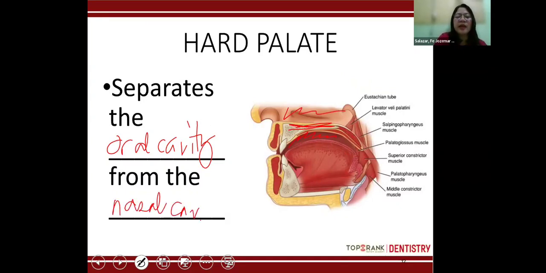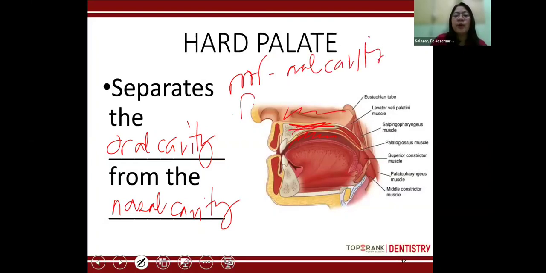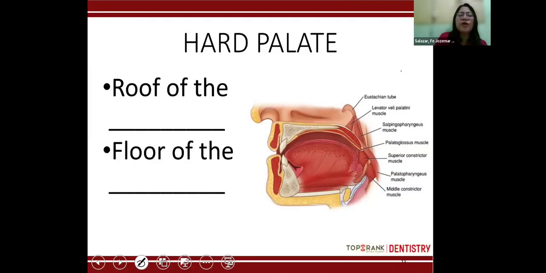That's why we say that the hard palate serves as the roof of the oral cavity, because it is at the top, and the floor of the nasal cavity. So the hard palate separates the oral cavity from the nasal cavity: roof of the oral cavity and floor of the nasal cavity.